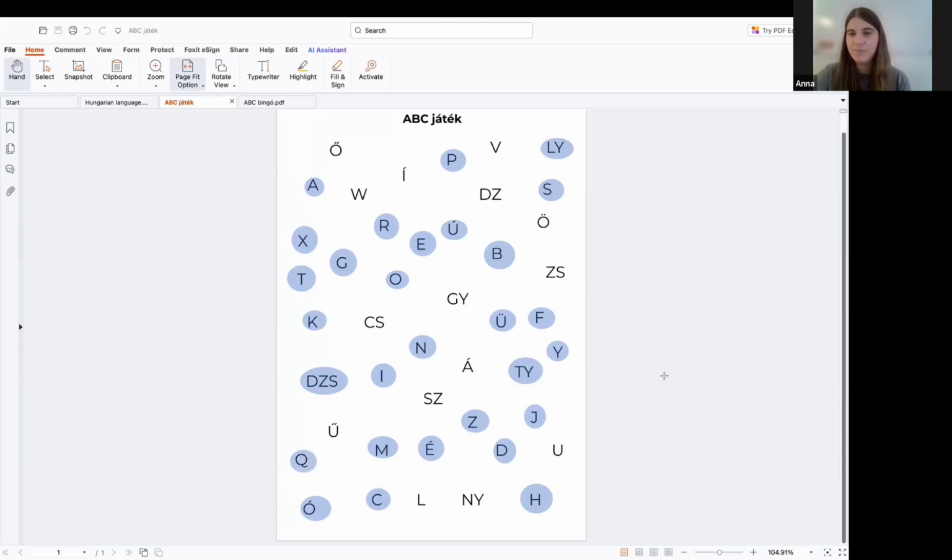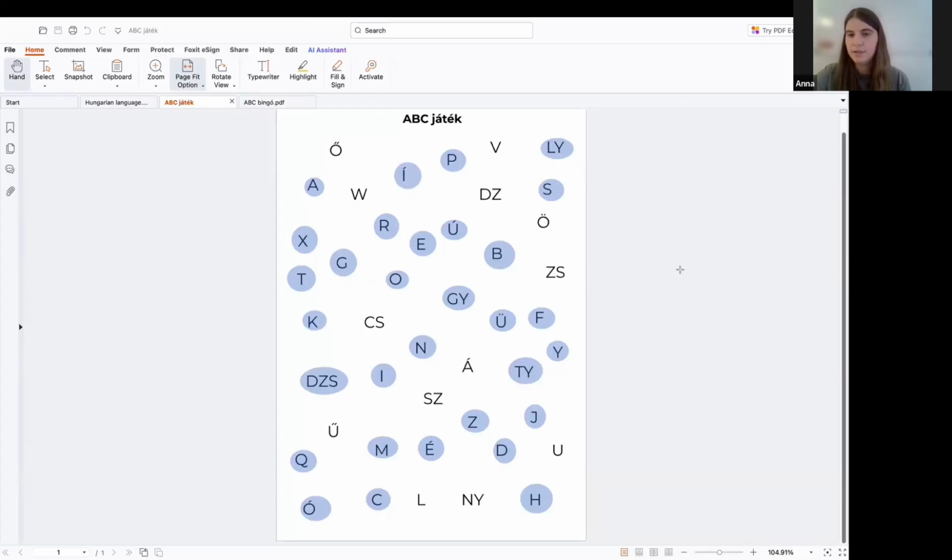Again, not very common. J, okay, it's this one, like the hogy vagy. E. We don't have so many vowels left, so you probably already found it. Again, it's a long one, it's the long E.